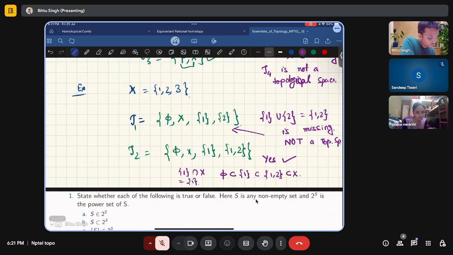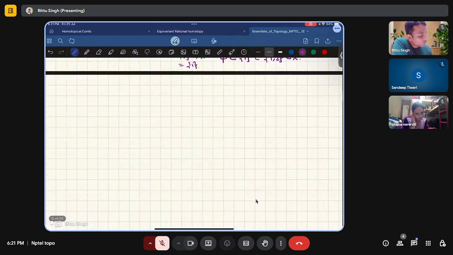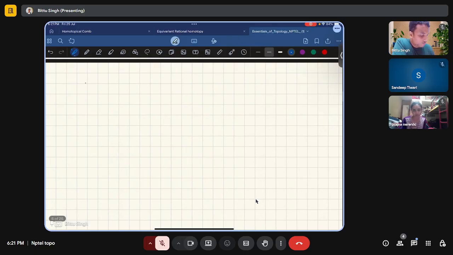Now let us define several things for starting. Given a set X, one obvious candidate is the power set P(X), also denoted by 2 to the power X. The power set contains everything: it is the set of all subsets.